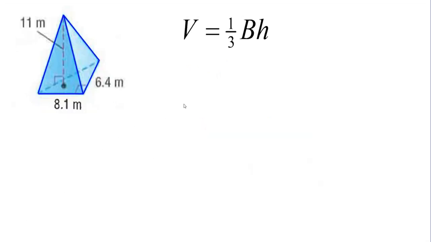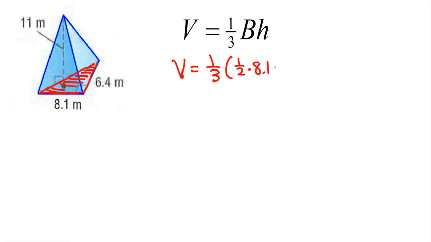Here I have a triangular pyramid, so I need to find the area of the base times height and then take 1/3 of that. So I'm looking at the area of the base, this triangle right here. So I have 1/3. Area of the base is going to be 1/2 base times height.